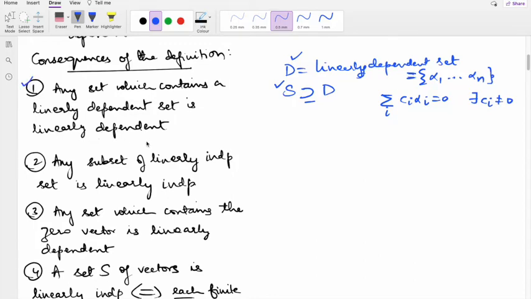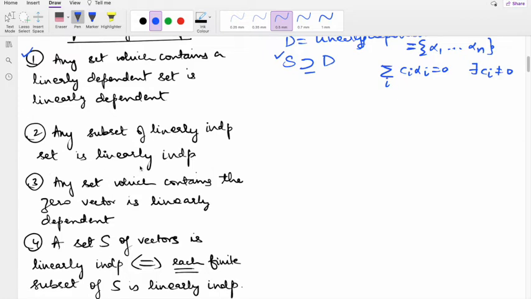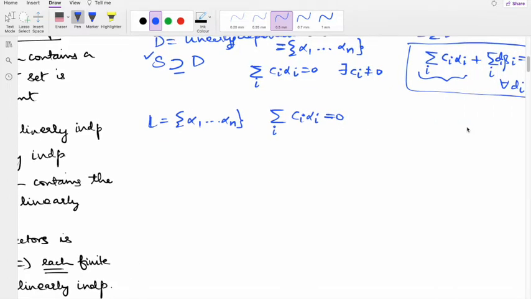The second consequence is that any subset of a linearly independent set is linearly independent. Let's say L is a linearly independent set, alpha 1 to alpha n. I can write that the sum of Ci alpha i equal to 0 implies, and is implied by, for all i Ci is 0.